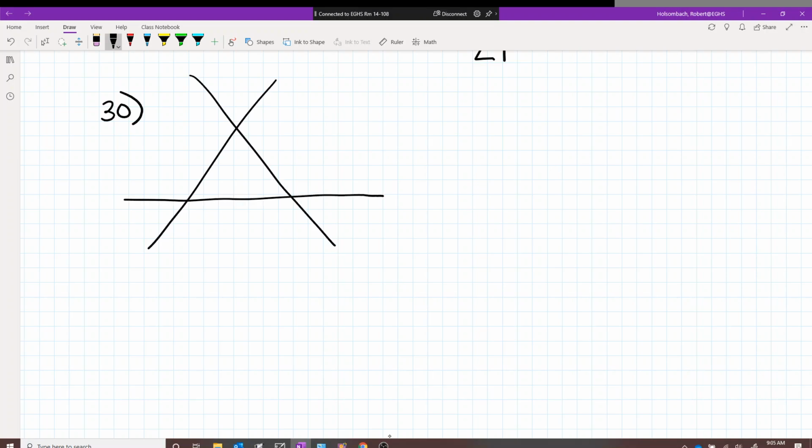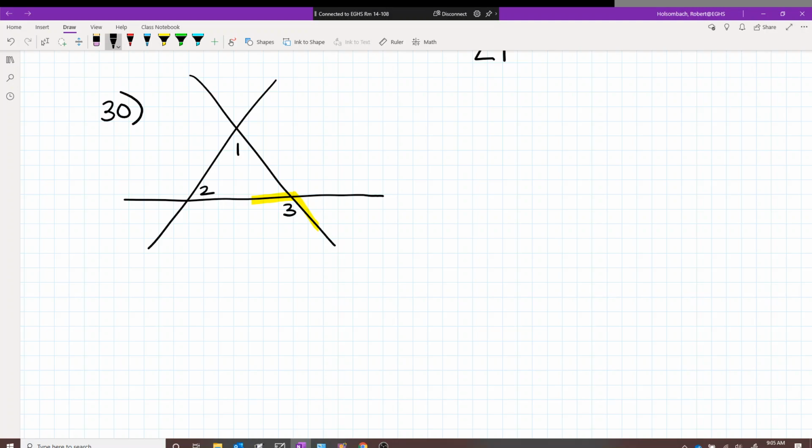Number 30, which labeled angle has the greatest measure? So we've got a 1, a 2, and a 3. The diagram is not to scale. Okay, angle 3 in this case is called an exterior angle. It's made up of the extension of a side and its adjacent side.